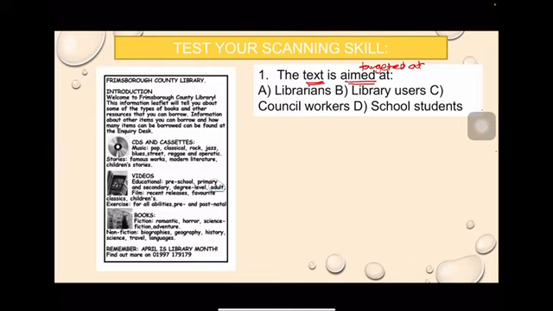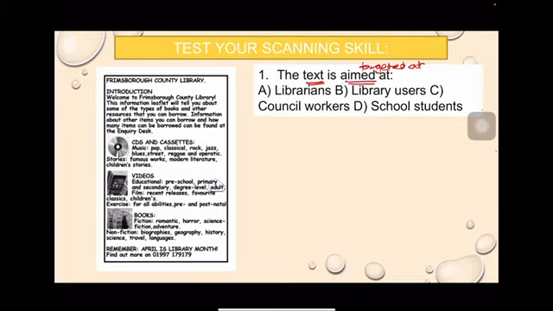Yeah. Why do they need it? Because they want to borrow books or maybe other resources. All right. How about council workers? Do they give it to the council workers? Maybe, if the council worker needs the information. And how about school students? Could it be one of the options?